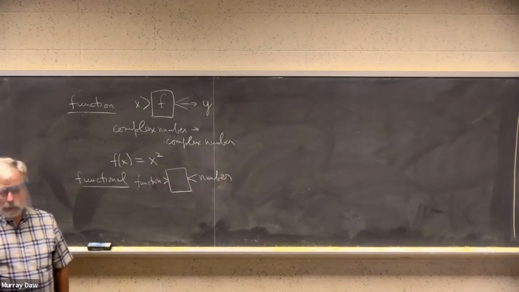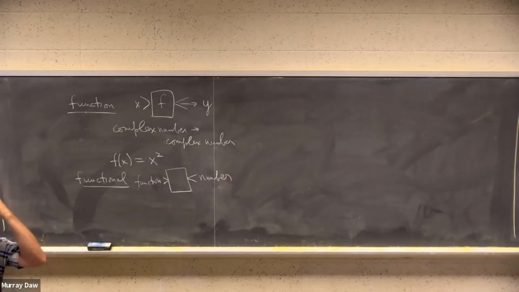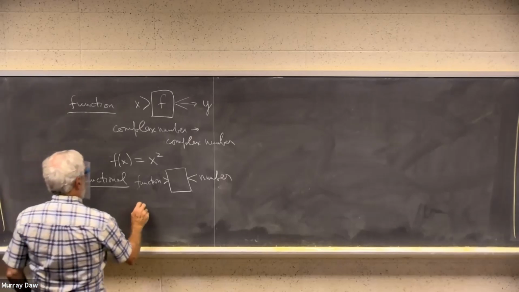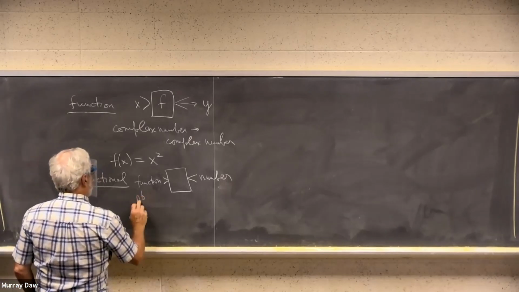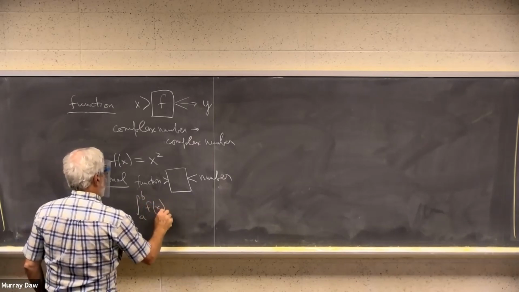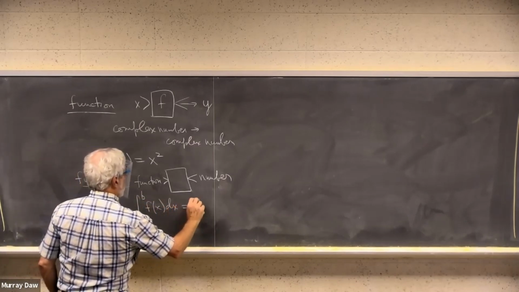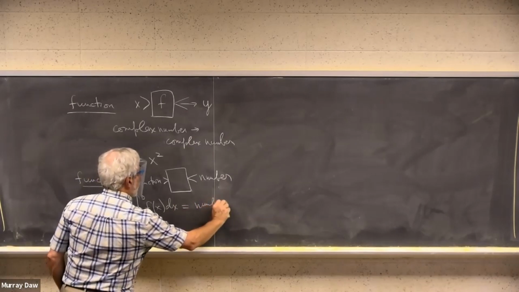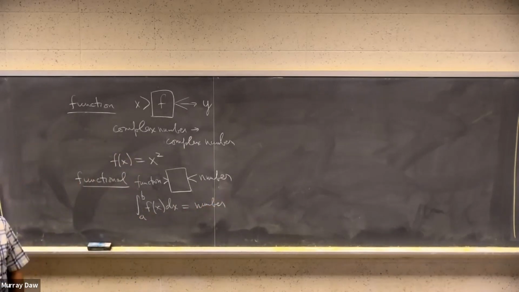Can you think of an example of a functional? An integral, a definite integral, the area under the curve. So let's say the area under some bounds, this is a number. If the function is a complex number, then this is a complex number.